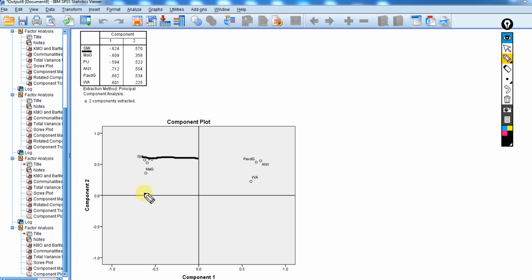Here you had the negative correlation, and here you had a positive correlation. And you can see for anxiety right here, you've got positive correlations on both components. Lengthwise here, you've got 0.712, so moving from 0 to 0.71 in this direction, there's a positive relationship. And then on the next component it's 0.554, which is positive as well.